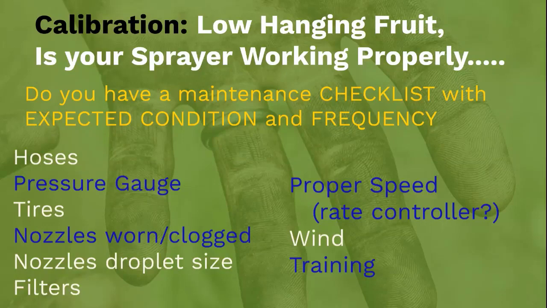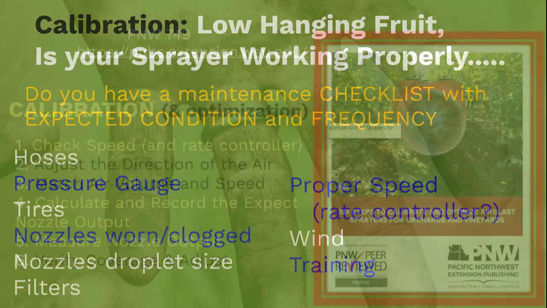And it's really important to train someone on how to do proper maintenance and calibration of the machine. So pressure gauges and nozzles are inexpensive and easy things to change, and they have a huge impact on the rate of spray, especially if they are wrong or worn.